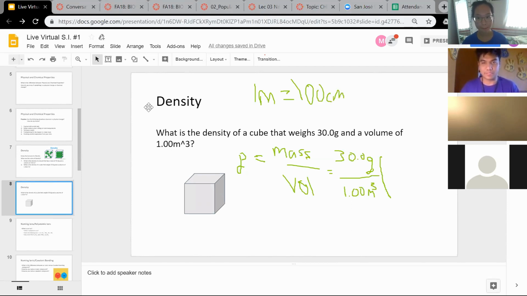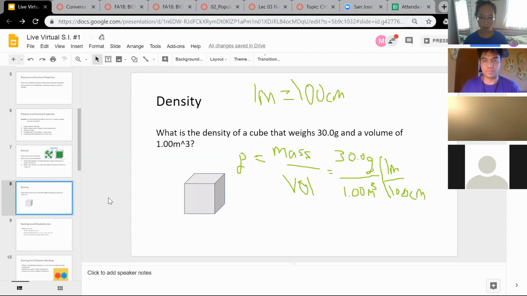Now, if we're trying to cancel out units, the unit that we want to cancel out always goes on top, and we want the units in either the top or the bottom depending on how we want it. So we want centimeters cubed to be on the bottom. So for this, we're going to put 1 meter on top divided by 100 centimeters.